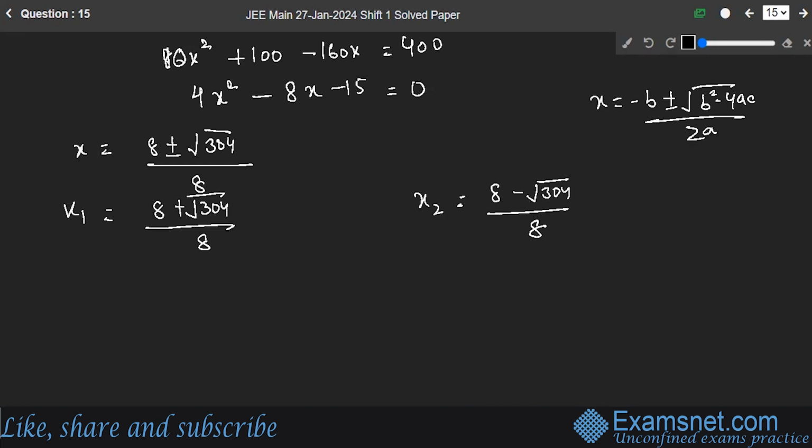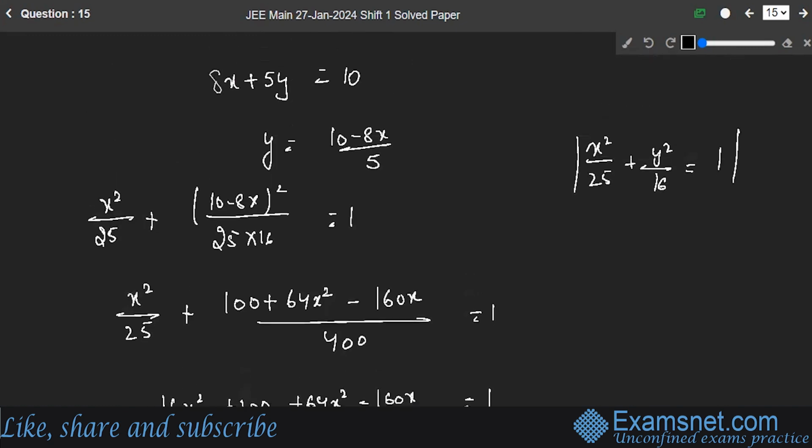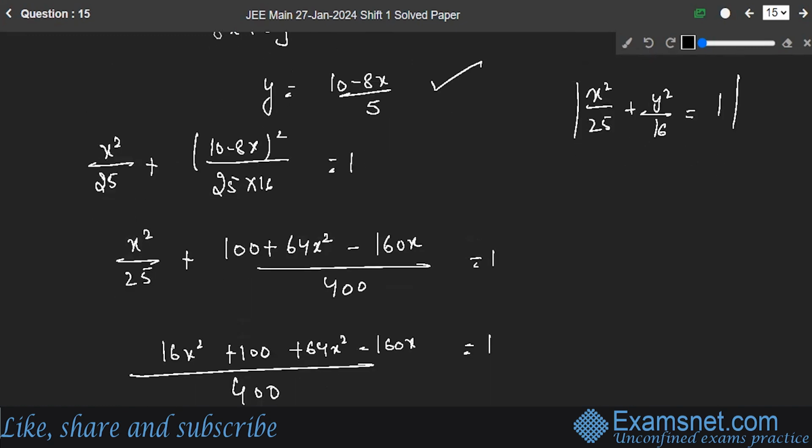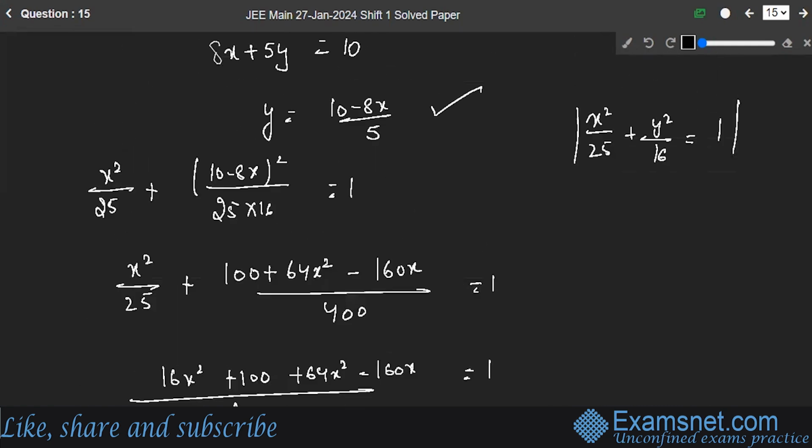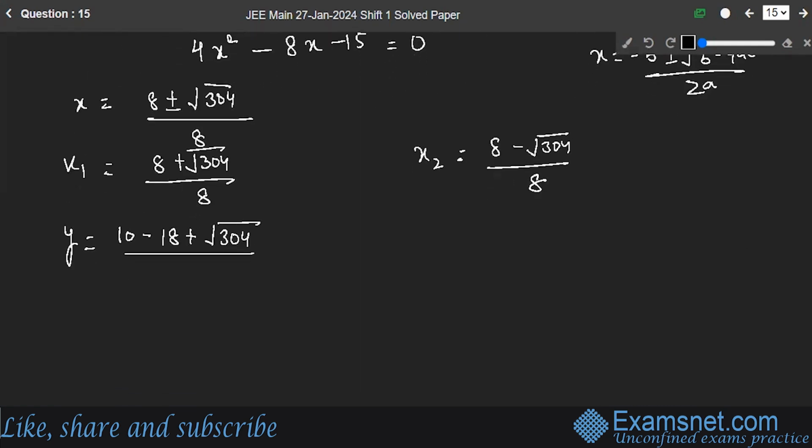So let's find the corresponding value of y then. Y will be given by, I am having this equation for y. Using this equation, y is equal to 10 minus this will be 8 plus this. One minute. Here was minus, right? So here will be minus only.